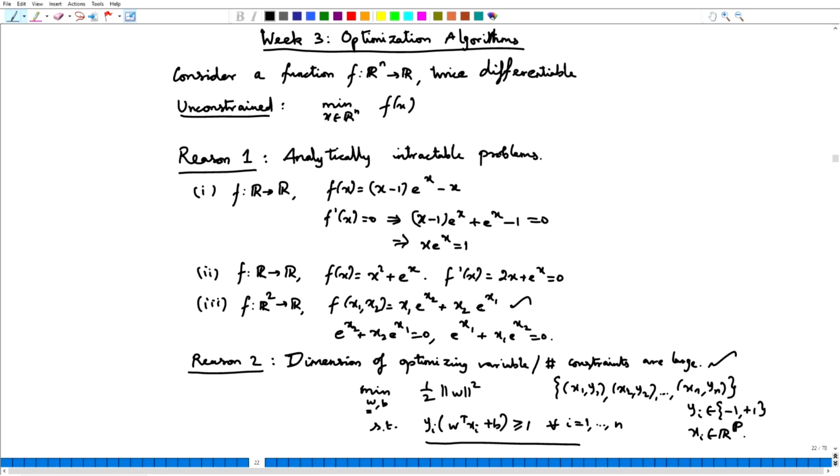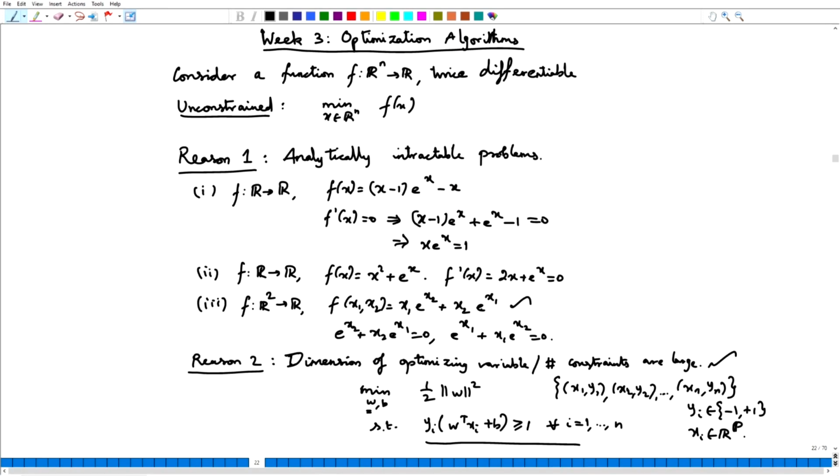If you consider the data set, the number of data points will be in thousands, and the number of feature vectors, that is p, will be in tens or hundreds maybe. What does it mean? It means that in this problem either the dimension of the optimizing variable or the number of constraints is very large. The number of constraints n will run in thousands, sometimes in millions. In that case, solving analytically seems meaningless.